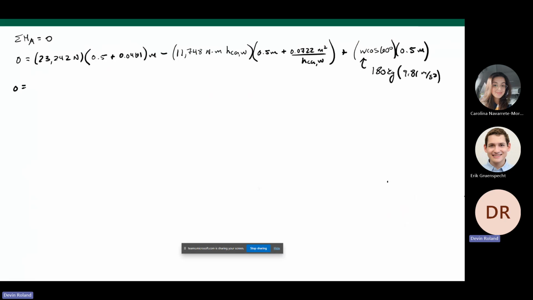Okay, so then if we combine some of those terms, that first term goes to 12,692.456 newton meters.